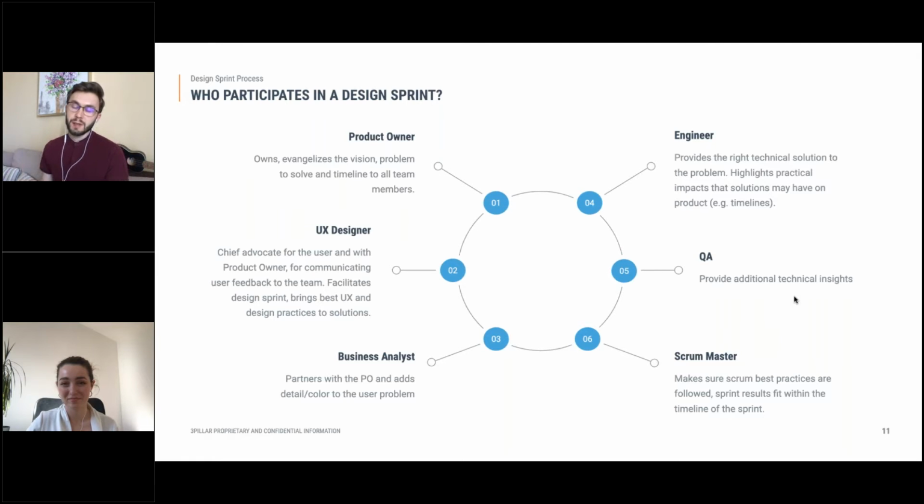So first, what I would want to mention is that a design sprint can actually be applied for different problems and could actually have different outcomes. Sometimes the outcome of a design sprint is not an actual validated design.